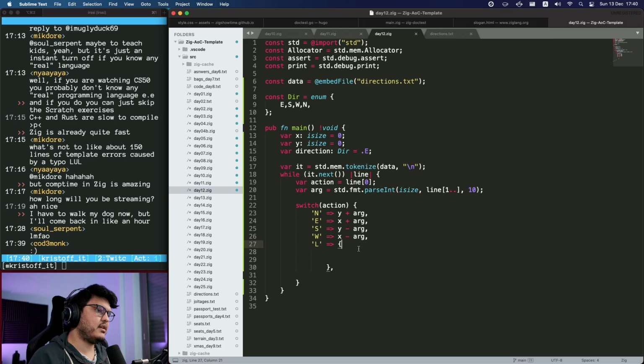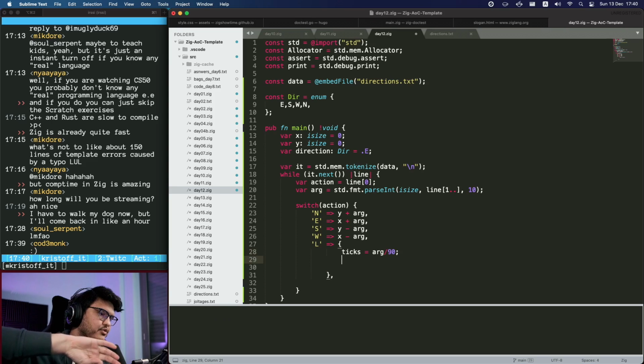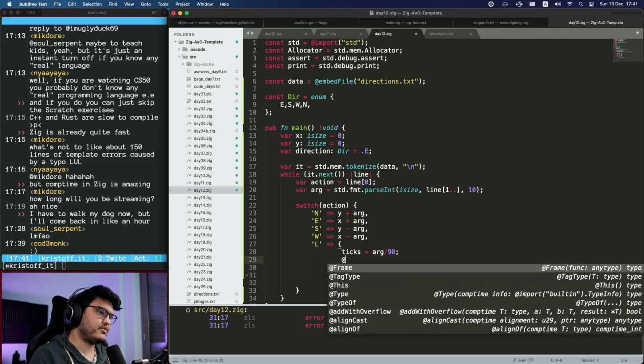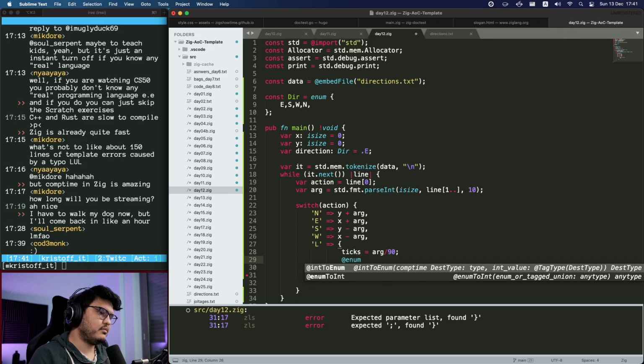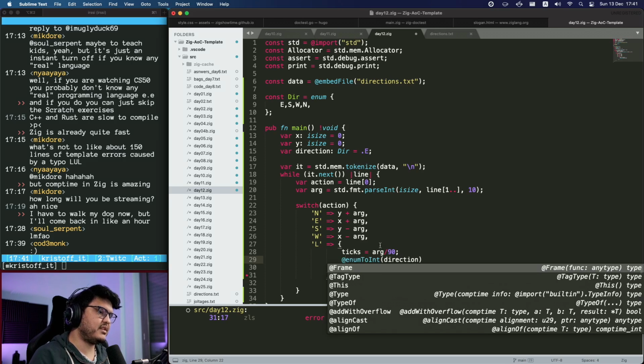And with this, I can know, for example, that I take, let's call it ticks, and I take arg, I divide it by 90, and I know how many ticks I need to go. And what I can do is take the current direction and transform it to int. So enum to int of the current direction. Also, why is the LSP killing this? I don't know.